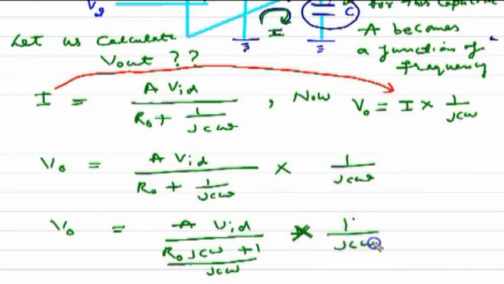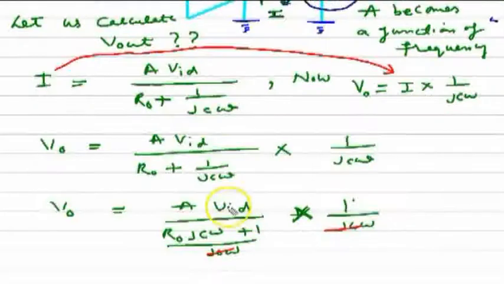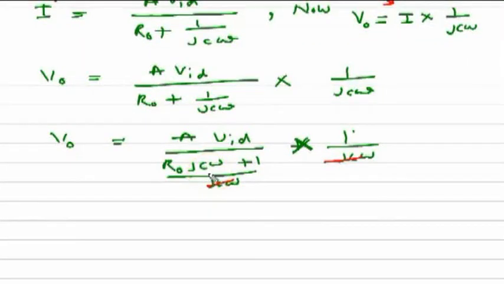Now jC omega and jC omega cancel out, and the output voltage becomes V naught equals A into VID upon 1 plus R naught jC omega.